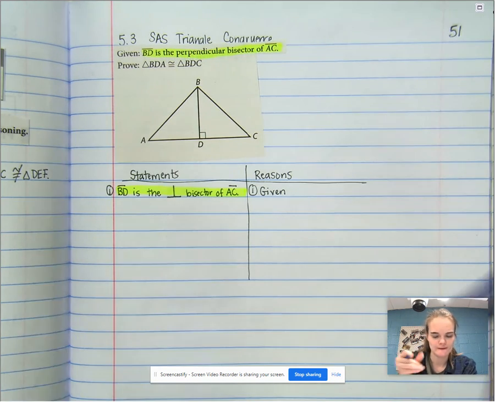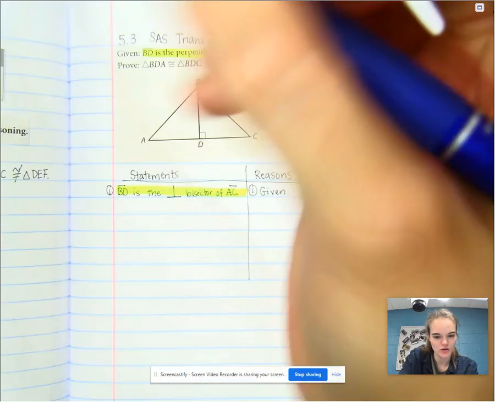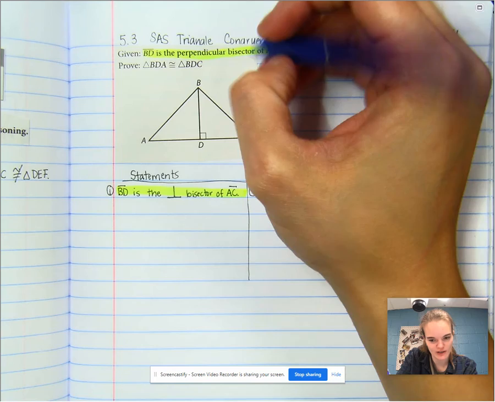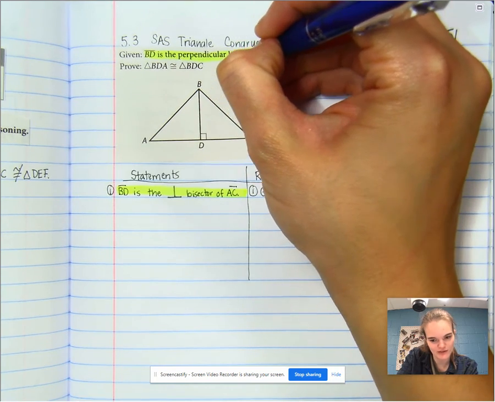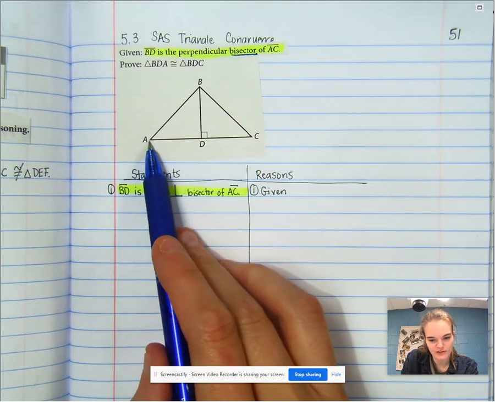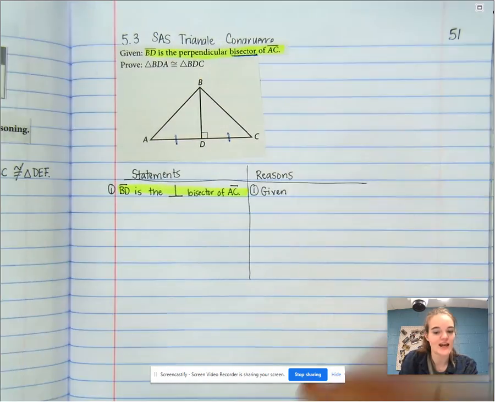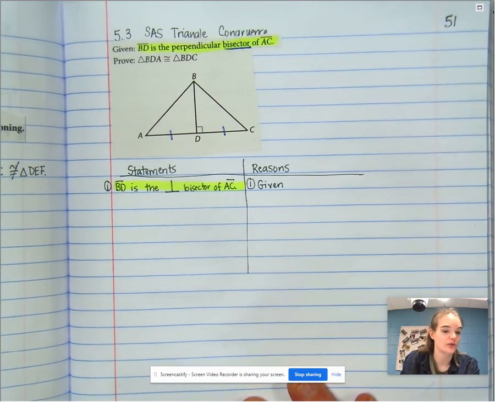So we know that BD is the perpendicular bisector of AC. We're going to really hone in on that word bisector. Bisector means it cuts AC in half, meaning AD and CD are congruent.